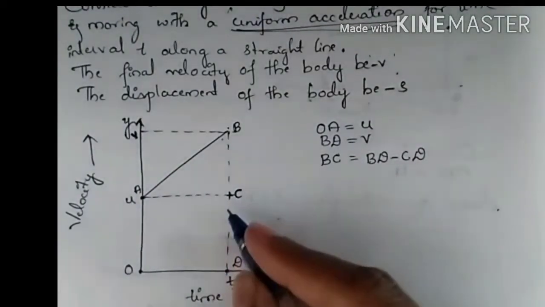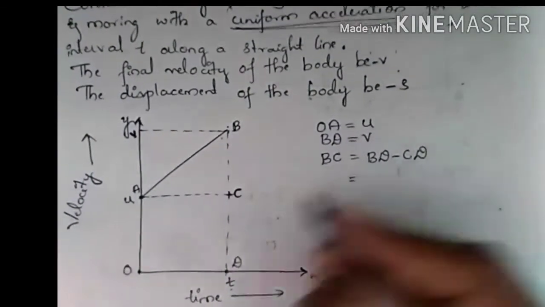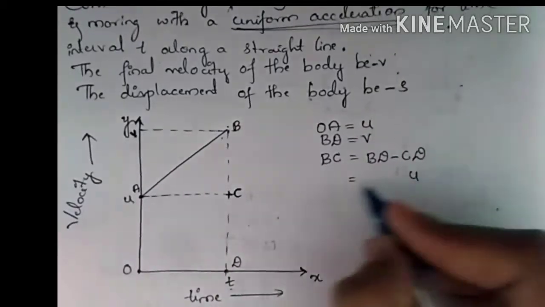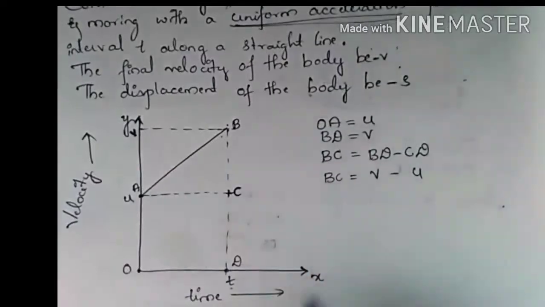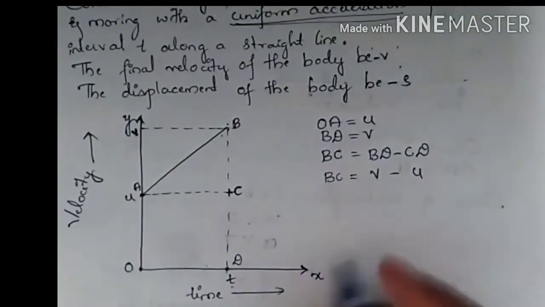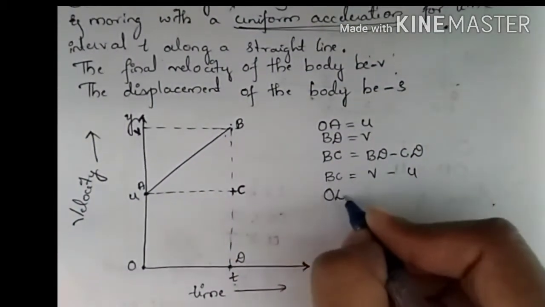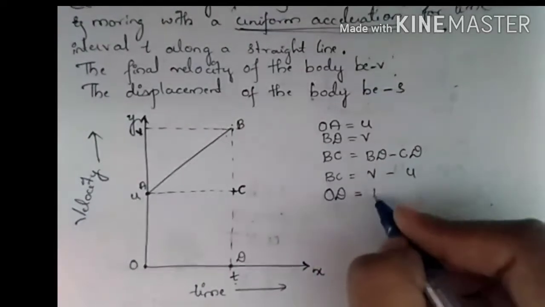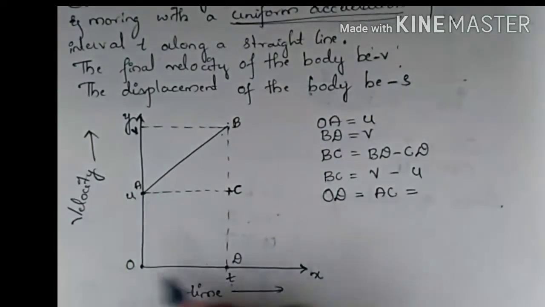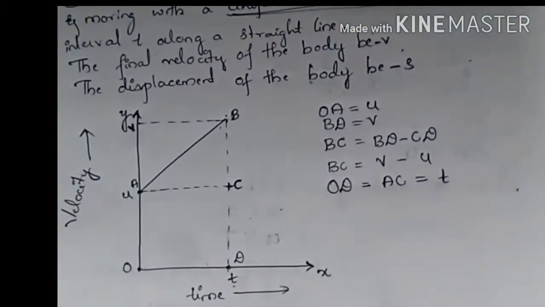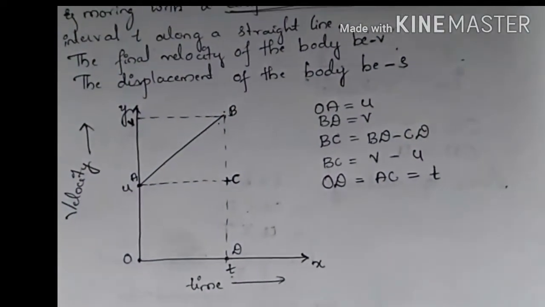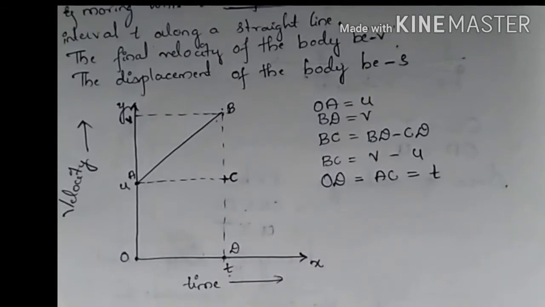So CD is what? CD is u, BD is v. So BC is v minus u. And the next is OD. OD is equal to AC, which will give you the time t. So from this graph, let us obtain the equations of motion.